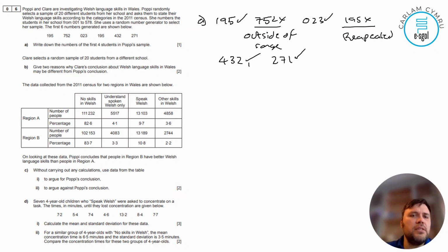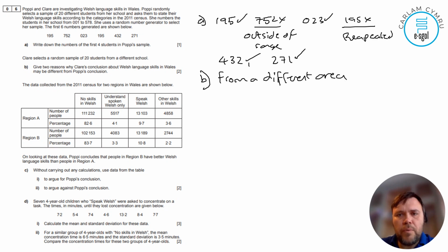Claire selects a random sample of 20 students from a different school. Give 2 reasons why Claire's conclusion about Welsh language skills in Wales may be different from Poppy's conclusion. So again, part B. Two reasons could be that it's from a different area, and also one might be from a Welsh medium school and the other one from an English medium school.